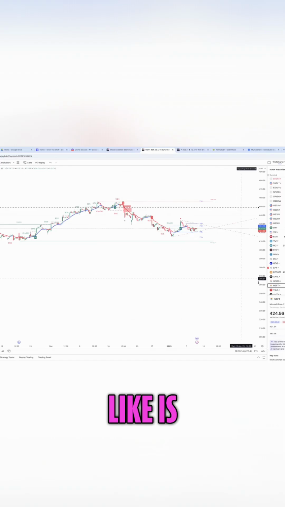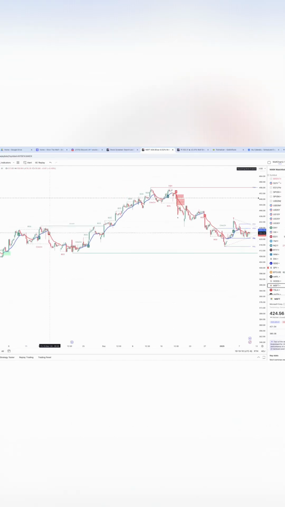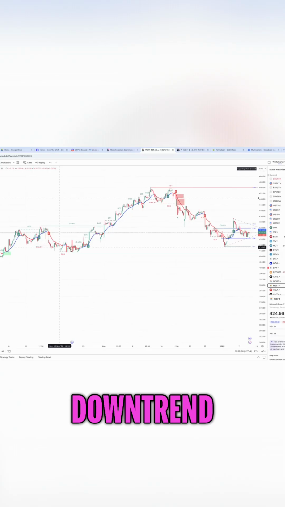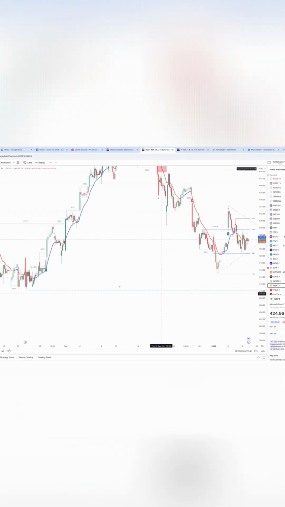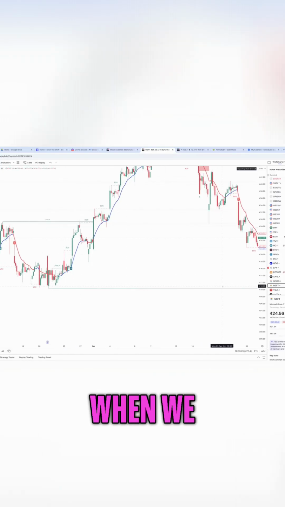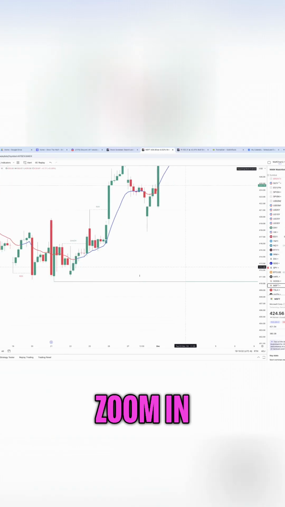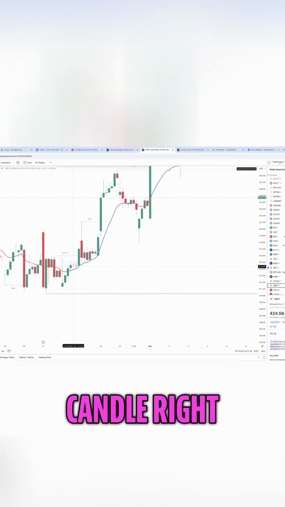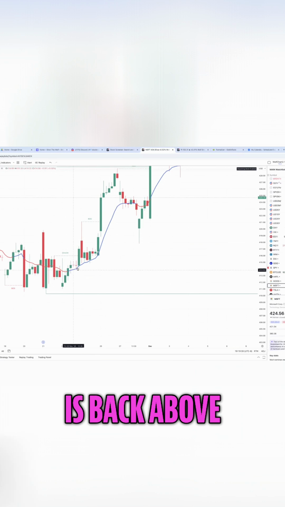So what that looks like is, you see how Microsoft was in this little downtrend right here. Can you see that? We were a little choppy here, but then we got a candle to open and close back above the 12. Let's zoom in. This candle right here, the entire candle is back above the 12.